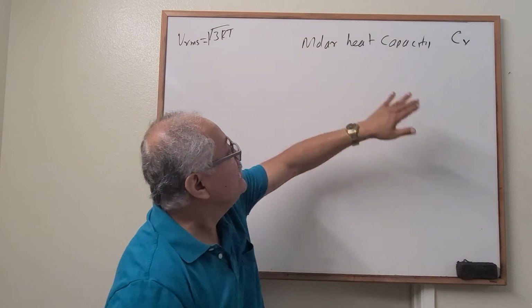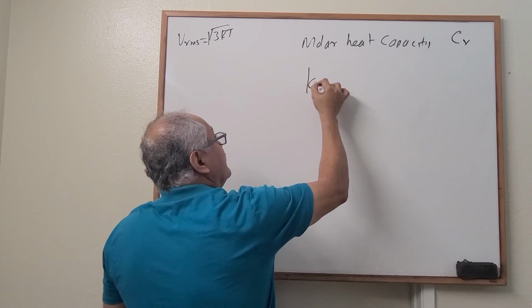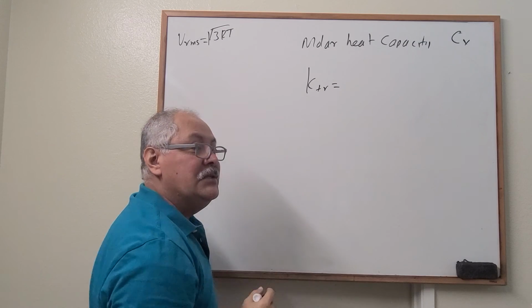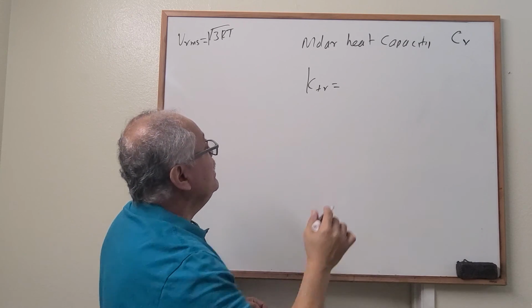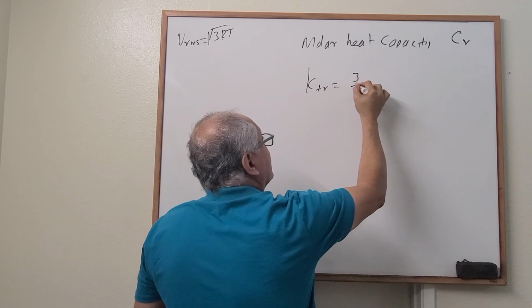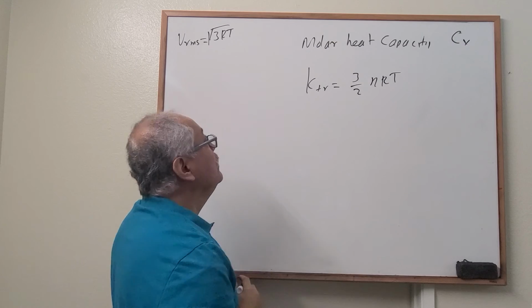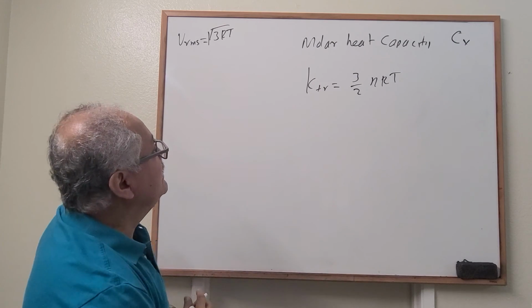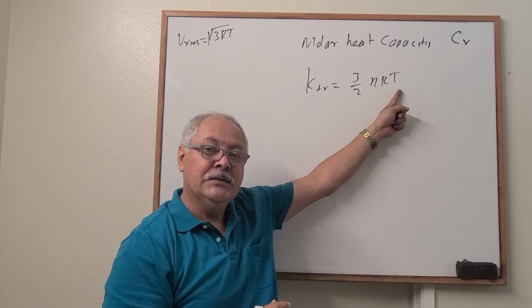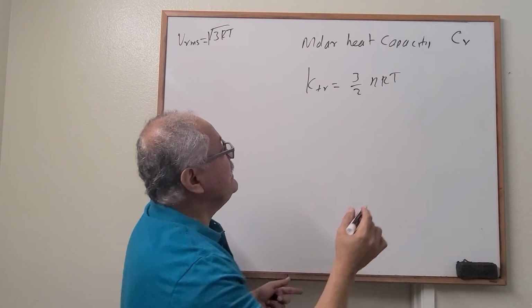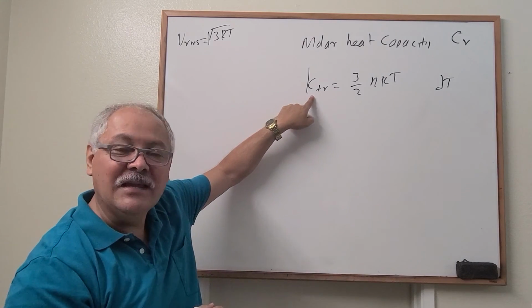Great. Now let's go to this quantity again. One more time. Remember, we found that the translational energy is equal to 3/2 nRT. Now what happens when the temperature changes by dT? There are more changes, so we also have more changes in the kinetic energy.